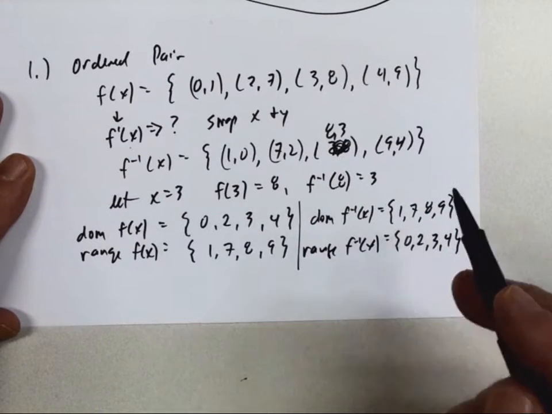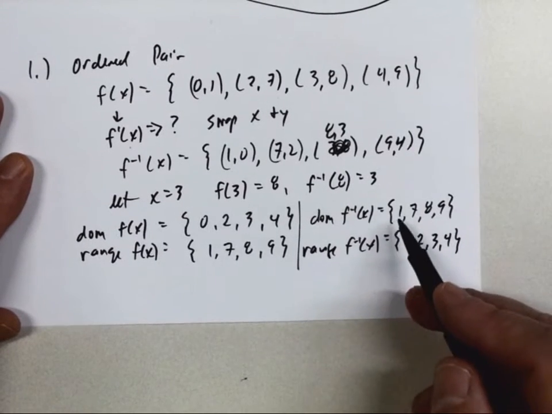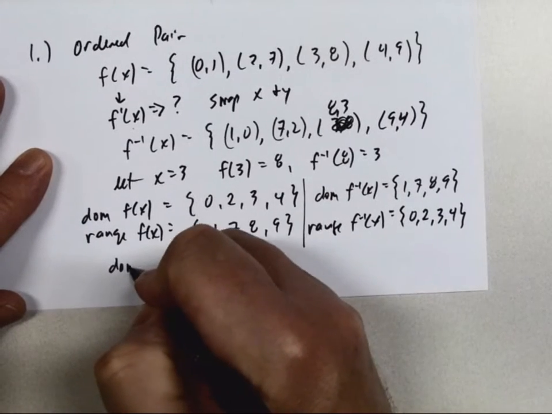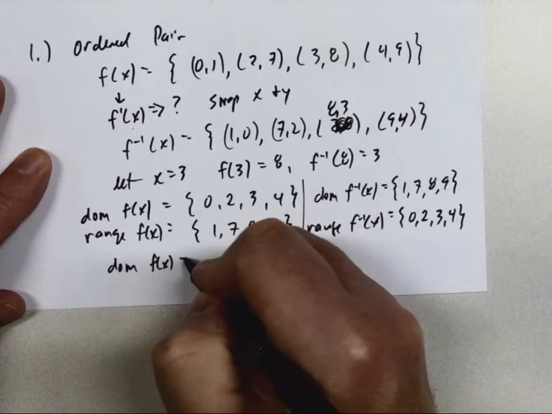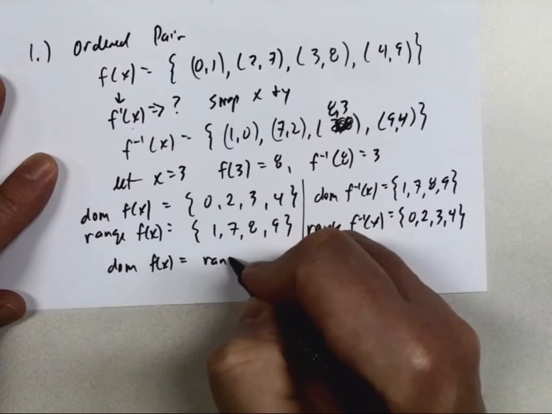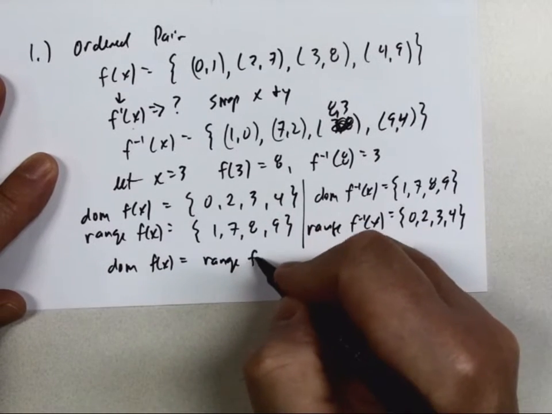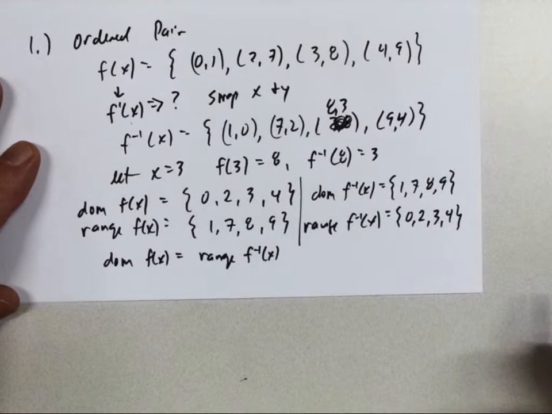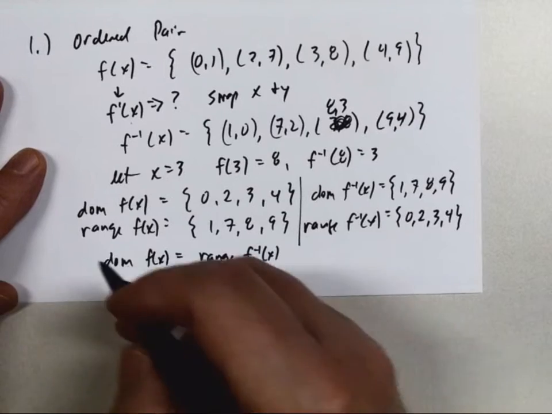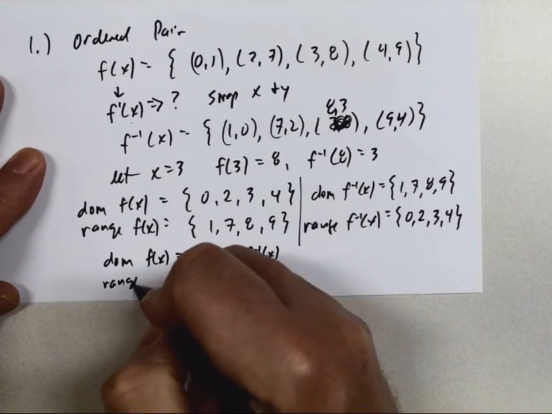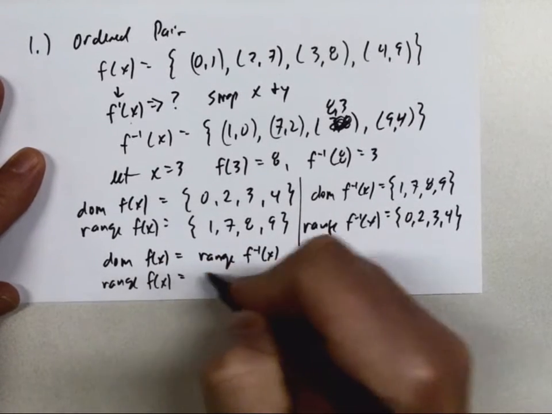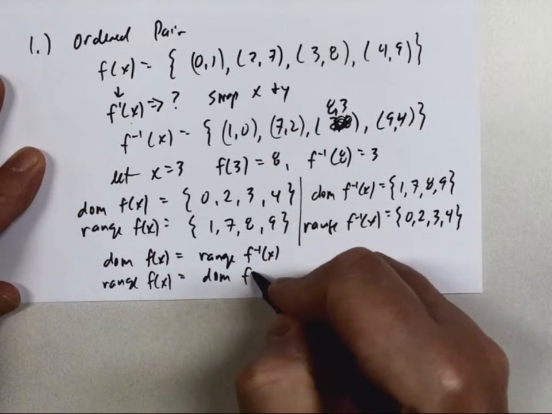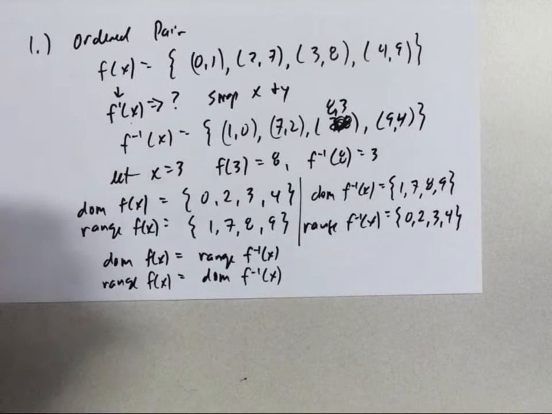Here's what happens, whether it's ordered pairs, a graph, or an equation. The domain of the original function is going to equal the range of the inverse function, and the range of the original function is going to equal the domain of the inverse.